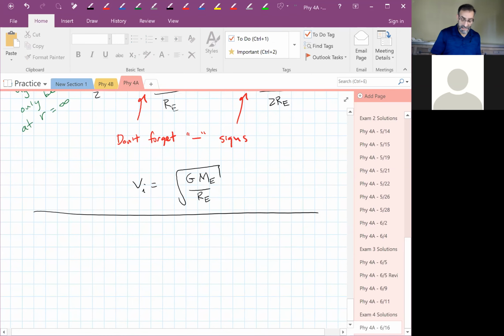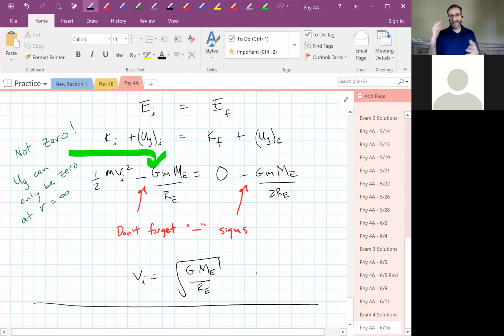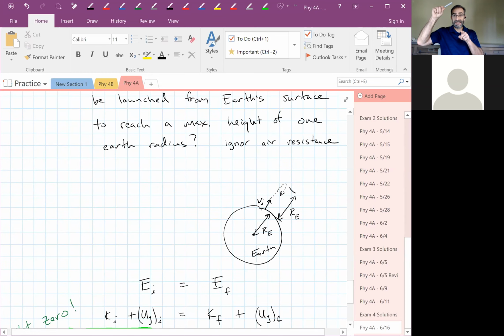Now, we can take this one step farther and define something called an escape speed. This is a big number. Even though we launched this object with this big velocity, it still eventually got to some point where it stopped, turned around, and came back to the Earth, right?